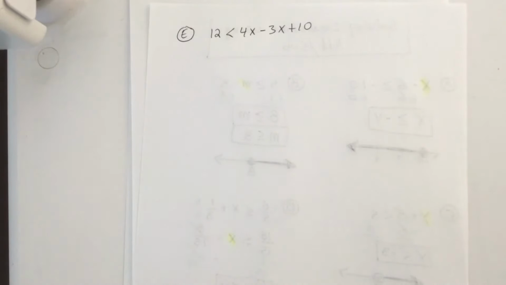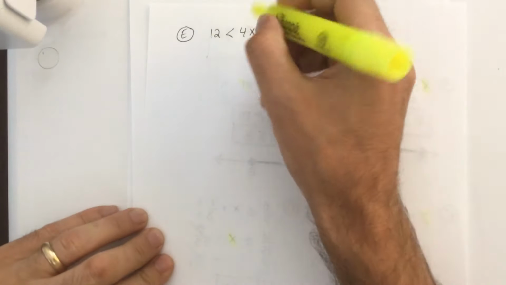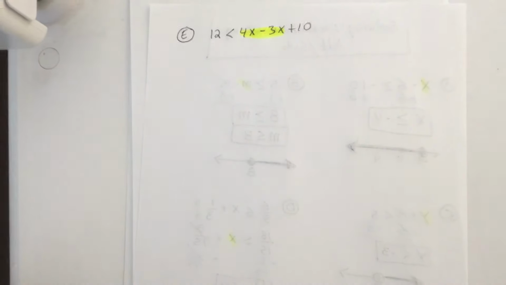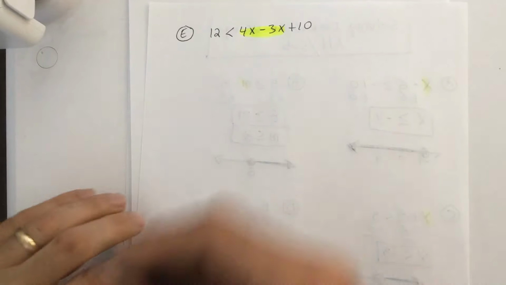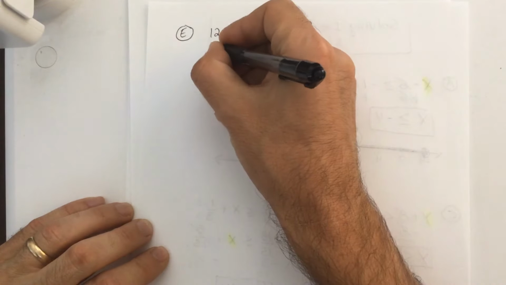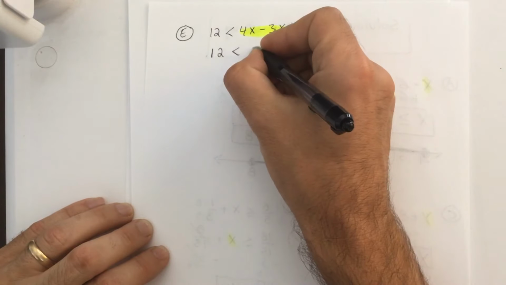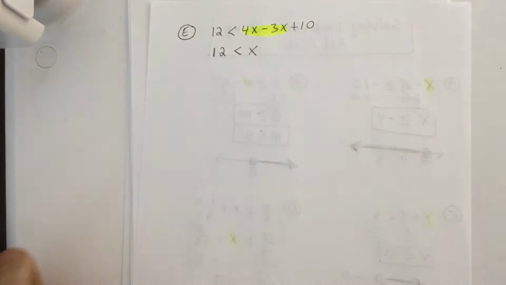All right, let's take a look at it, okay? First of all, before you do anything, we can do combining like terms. Have the x's on the same side of the inequality, just like regular equations, solve it and combine like terms. So we got 12 is less than 4x minus 3x. That's an x. That's one x.